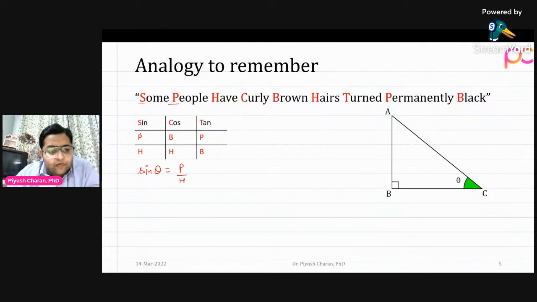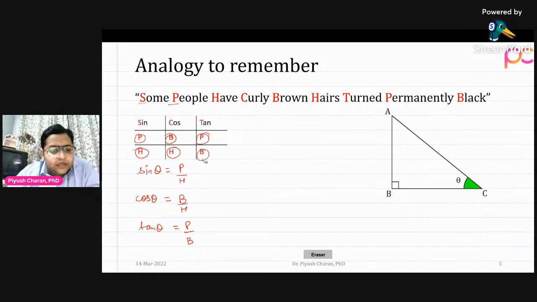So it is the ratio of perpendicular to the hypotenuse. Similarly, cos theta will have the value as the ratio of base to the hypotenuse, b upon h, and tan theta will have the value perpendicular upon base, p upon b.